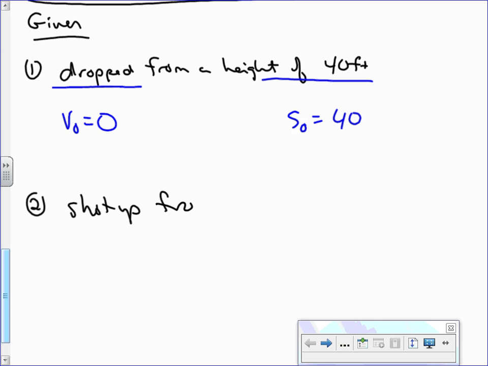Shot up from the ground at 150 meters per second.